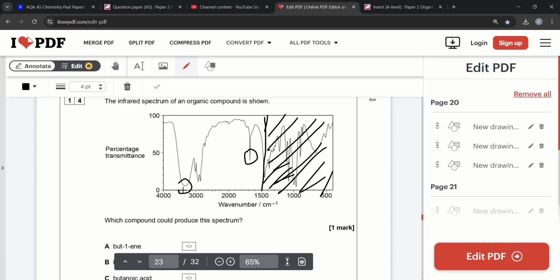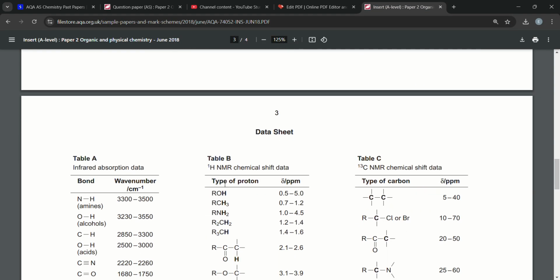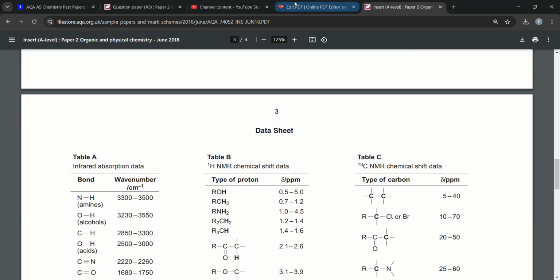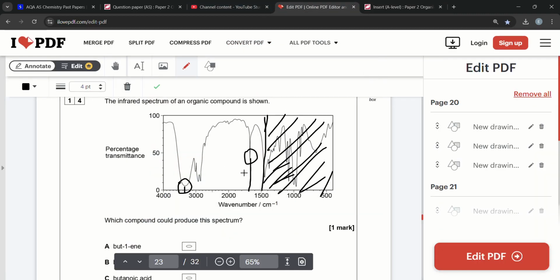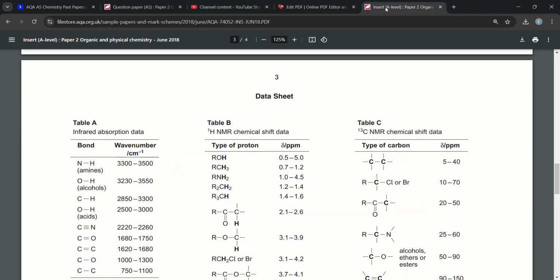So we've got a peak here, we've got a peak here, at 1500, 1600, 1700 pretty much. And another peak at like 350, 3300 or so. So if we look at table A, infrared absorption data, we're looking for a peak at 1700. So a C=O functional group, that's between 1680 and 1750.